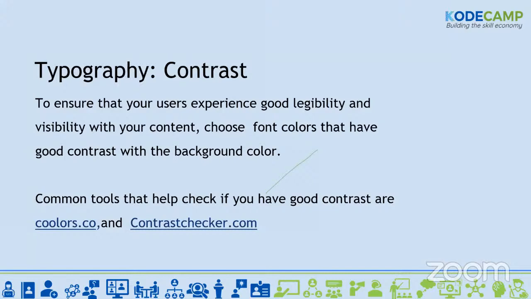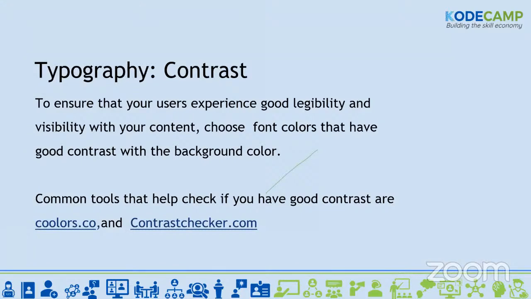How do you expect your users to read that? So take note that contrast works this way. It's basically just light versus dark, large versus small, thick versus thin. That's basically what contrast means.